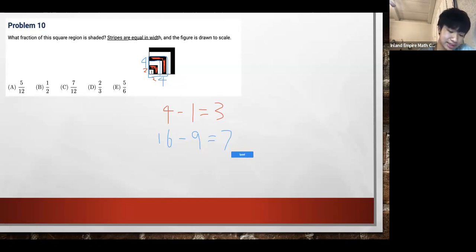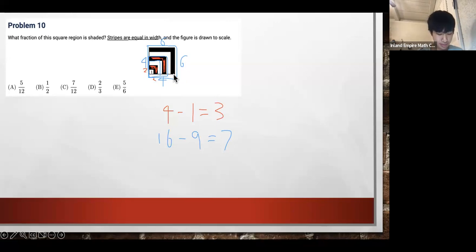And on this biggest square, we know that each side length is 6, right? Because 1, 2, 3, 4, 5, 6. There are 6 different areas right here. I'll just use my mouse: 1, 2, 3, 4, 5, 6.